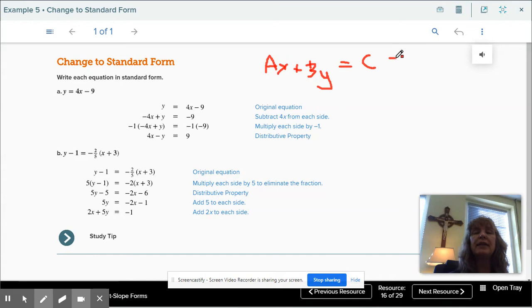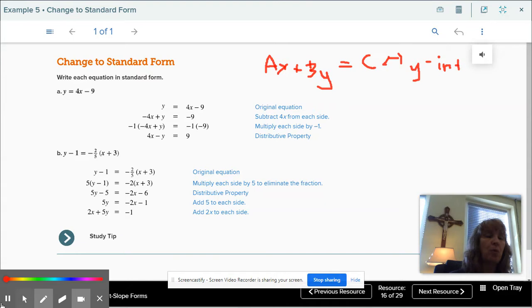And remember, this is usually your y-intercept. This right here is usually your y-intercept. C is your y-intercept. So I'm just going to write this over here on the side. Of course, they don't give you a y-intercept in this equation, but all they want you to do is convert a slope-intercept form into a standard equation.